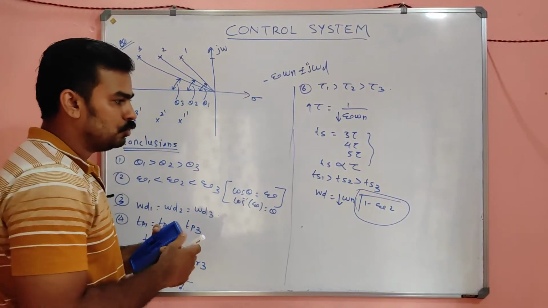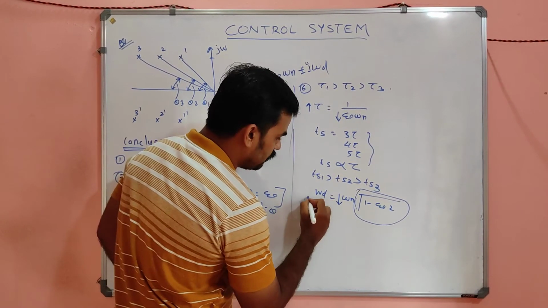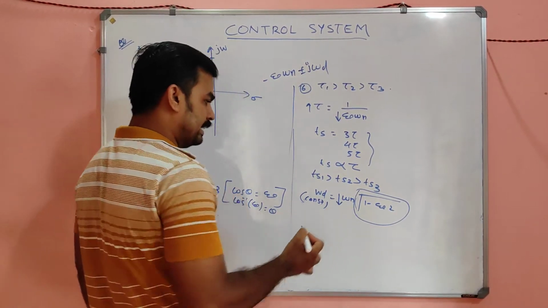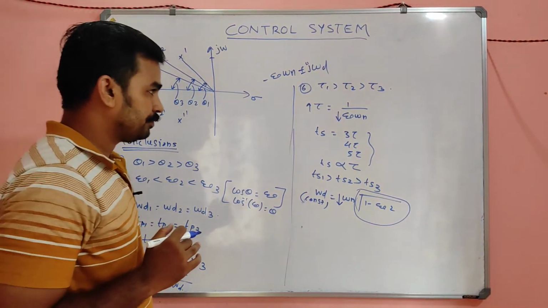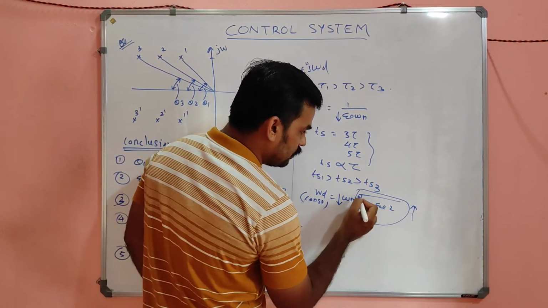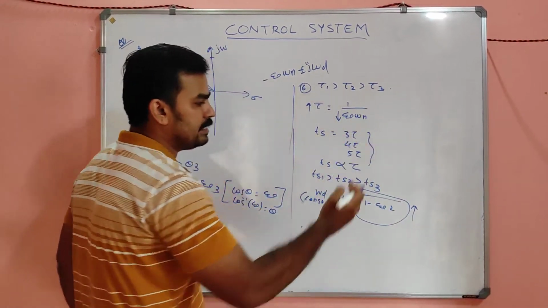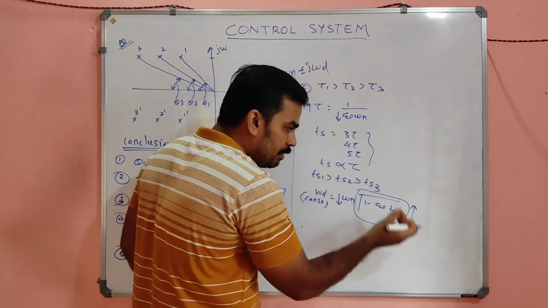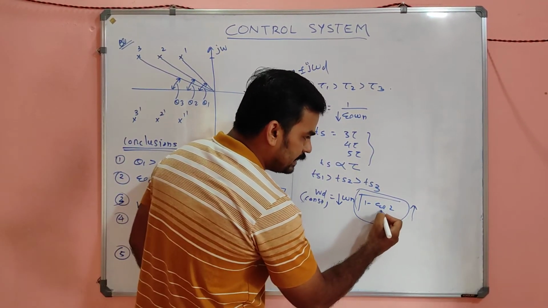For omega d to be a constant, my dear, suppose omega n is decreasing. Then this root of 1 minus zeta square should increase. Correct? If this is increasing and this is decreasing simultaneously, omega d will always be a constant. If the whole thing is increasing, what is the meaning, my dear? The zeta should be decreasing now.